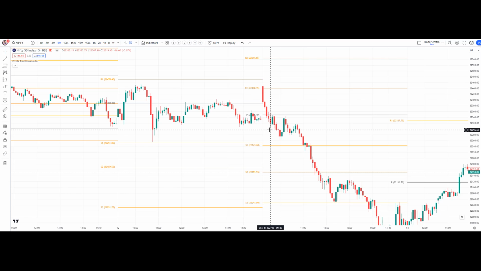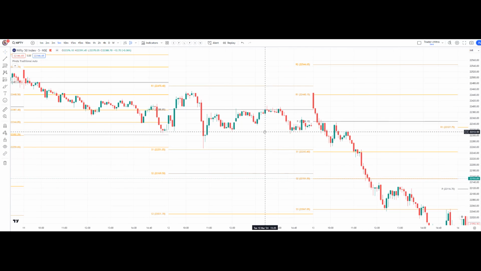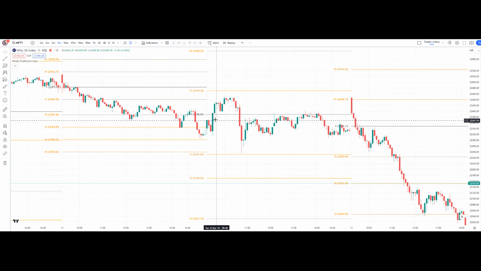Okay, so what it means is, if the price is trading above the pivot point, the particular index or stock is looking bullish. If the price is trading below the pivot point, the index is looking bearish.